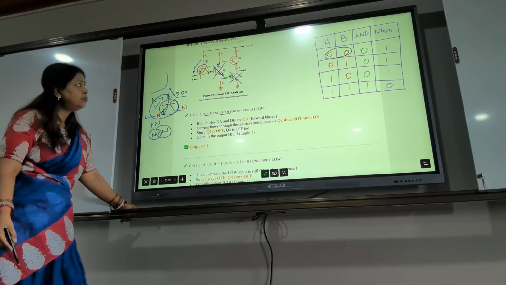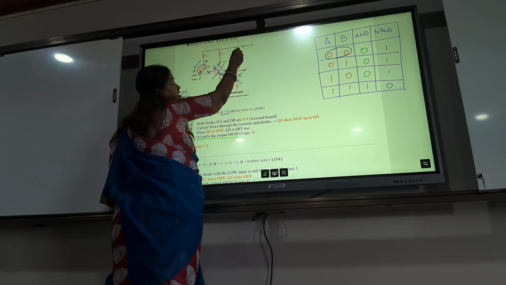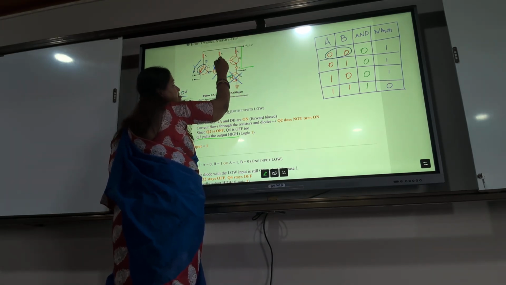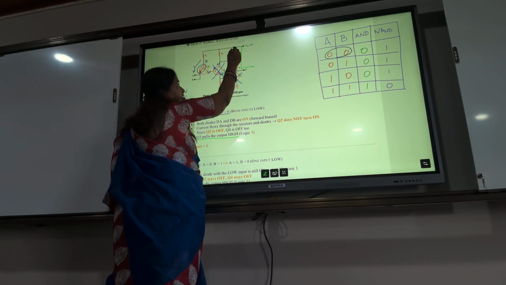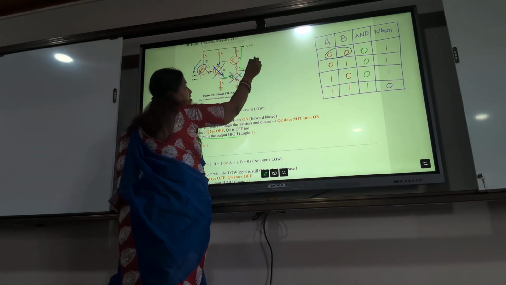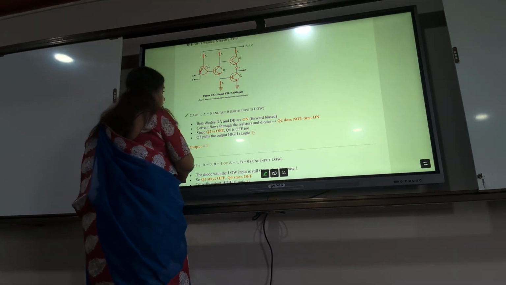So what happens now? Q3 pulls the output to 5 volts. Only this connection is there, plus Q3 gets the forward bias from here. So the output is 5 volts.